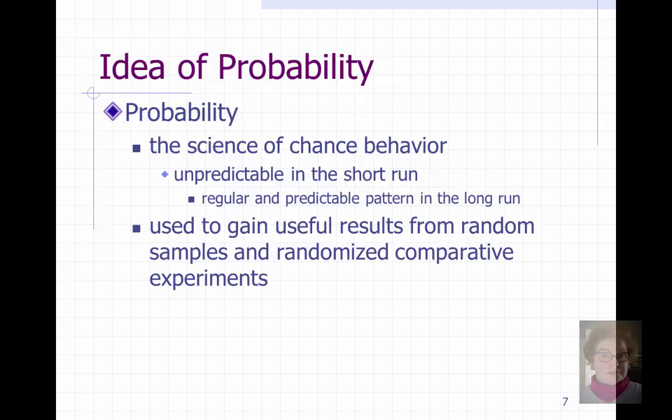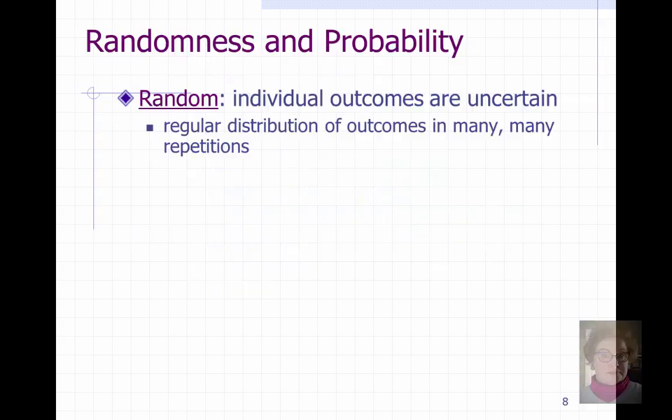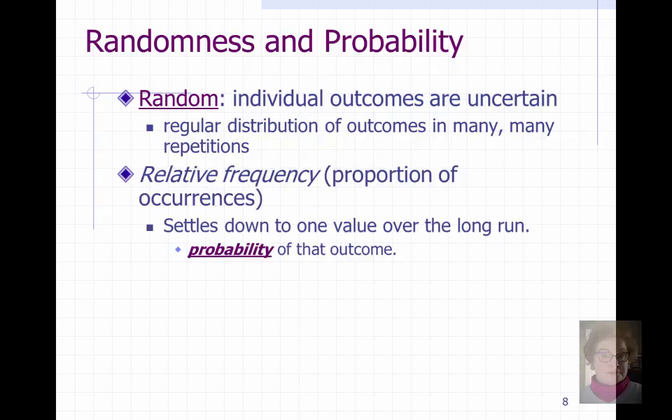And so we are going to look at random samples and randomized comparative experiments. Now, we know that individual outcomes are uncertain, but over many, many repetitions, we do get a regular distribution. We look at the relative frequency, or the proportion of occurrences, and they actually settle down to one value over the long run, and that is the probability of that outcome.